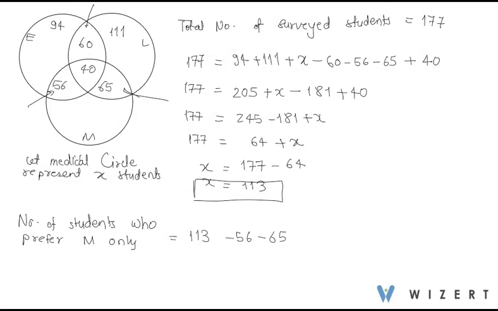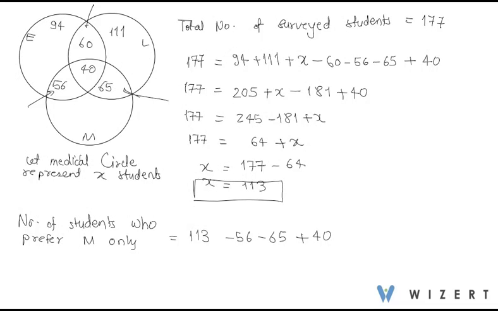But while subtracting 56 and 65 from here, we have subtracted 40 two times. But 40 has to be included. So in order to include 40, we'll have to add 40 once, and now the equation is balanced, and now we can find number of students who prefer medical only by solving this.